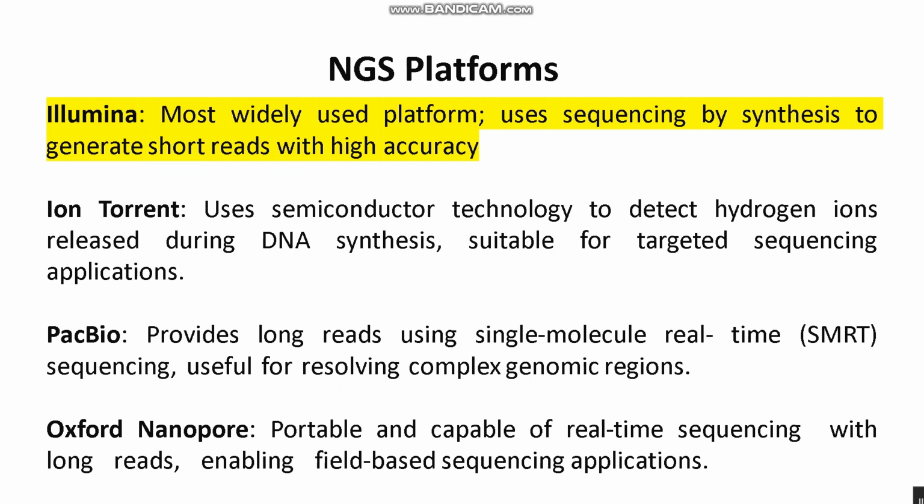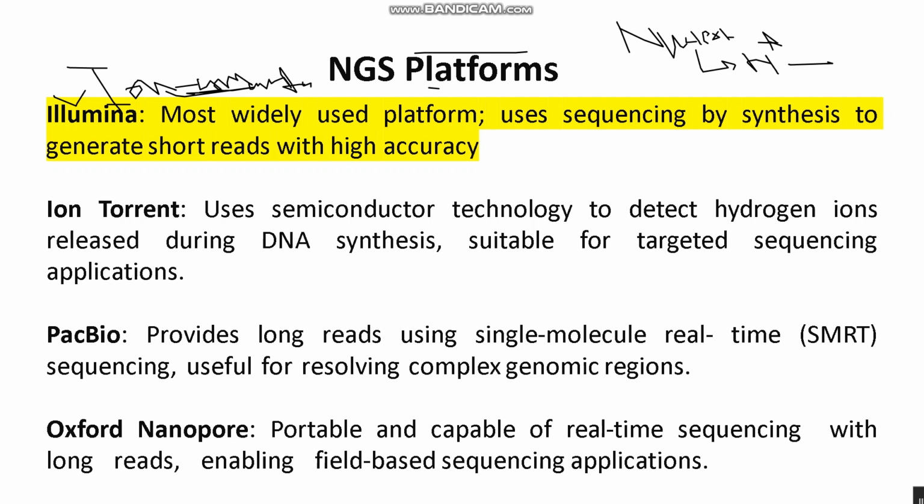There are multiple types of NGS platforms, of which first is Illumina, which uses the ion conductance approach to sequence the data, because when nucleotides are attached to each other, a hydrogen ion is released and pH is reduced.